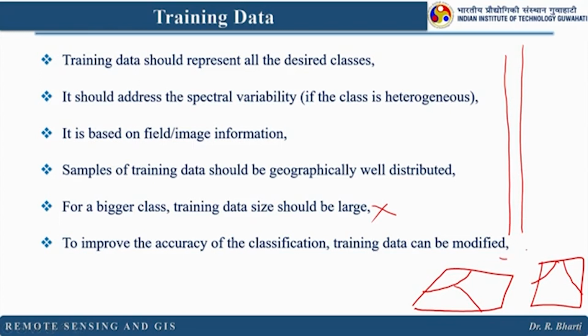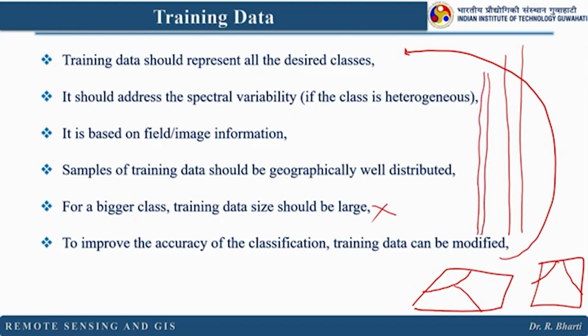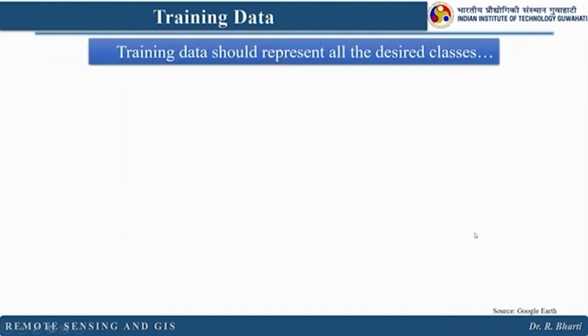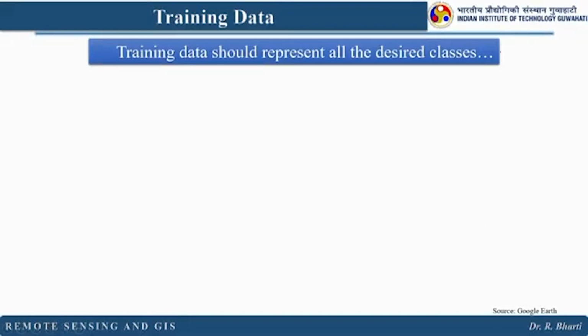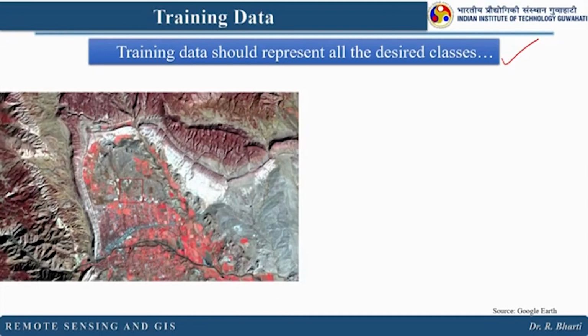I have to revisit my training data, satisfy all these criteria, and then run the classification again, right. So let us understand each and every point of this training data with respect to images. The first point is that training data should represent all the desired classes, right. Here it says first the analyst has to decide how many classes he or she wants.